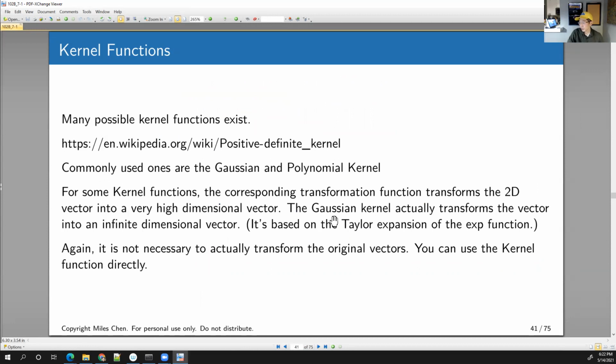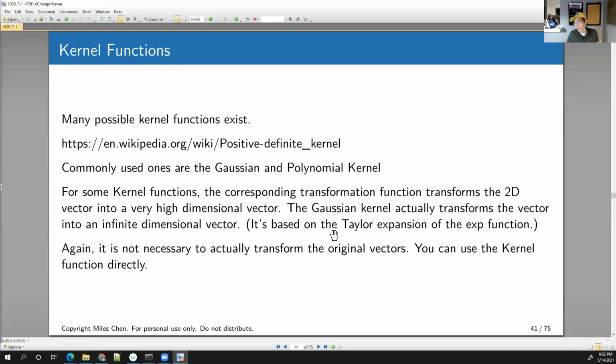And the Gaussian kernel is based on the Taylor expansion of the exponential function. The Taylor expansion of the exponential function is an infinitely long series. And so what it's doing is taking every element of that infinitely long series and projecting our data into this infinitely high dimensional space.